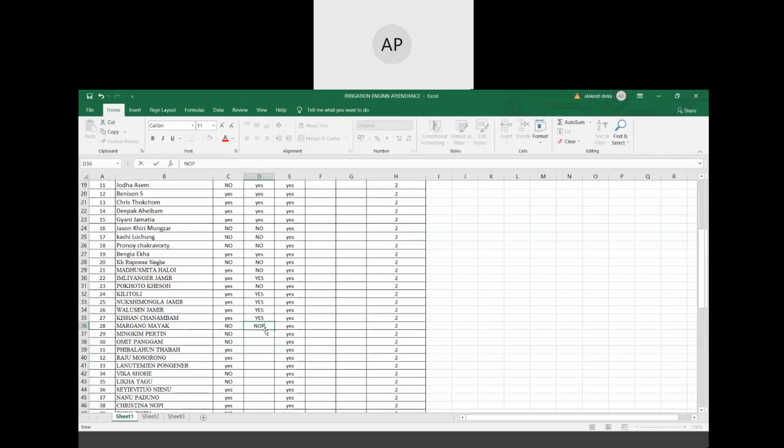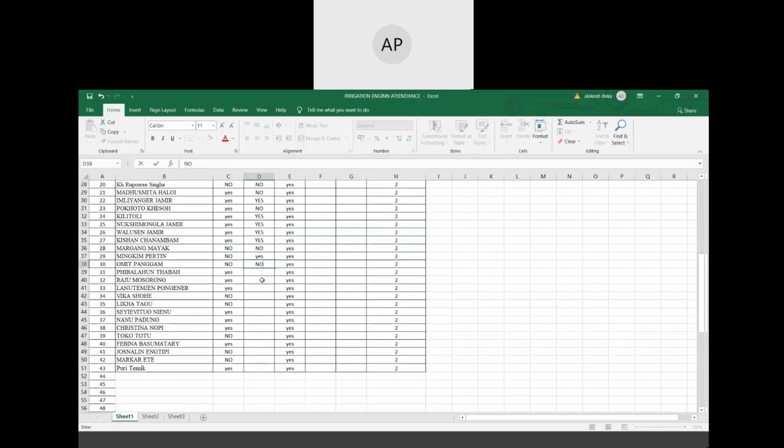Minging Partin, absent. Omit. Fiba Lahun Thaba. Razu, present, ma'am.